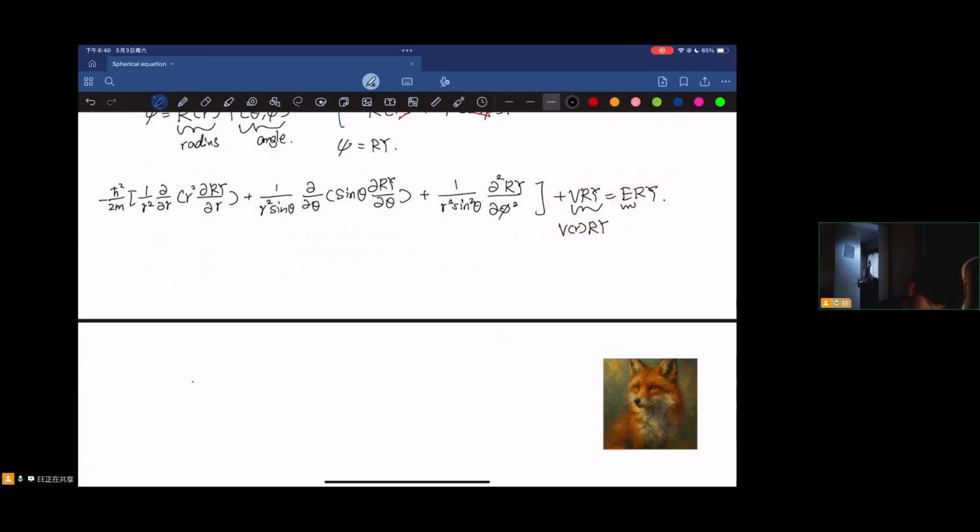So now we have this, plus (V minus E) times RY. Here I'm just combining them because they both have the common factor RY. And this is the R part.